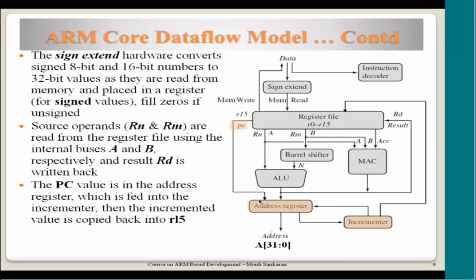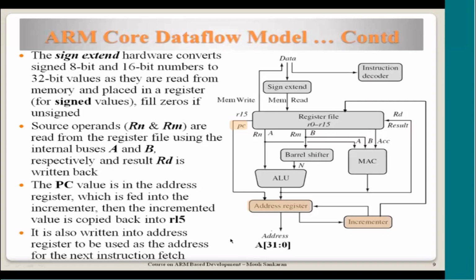Suppose the PC is interested in accessing the instruction stored at address 1000. 1000 is written, and that goes out on the address bus, and the incremented 1004 in the next cycle gets overwritten here, and it also gets written into R15. So after reading the instruction at 1000, 1004 gets written into this, and it can access the instruction stored at 1004. Okay, that's the way an instruction gets accessed.